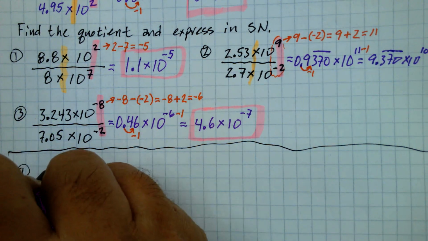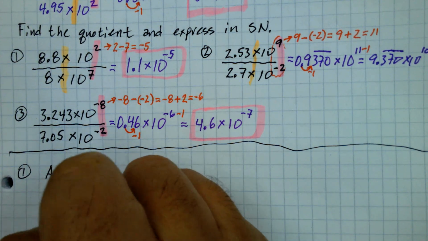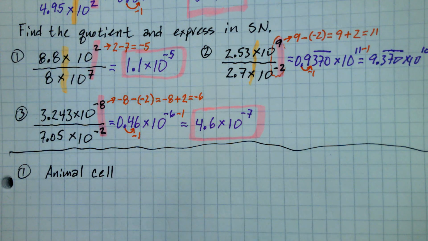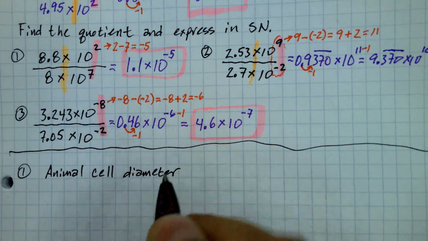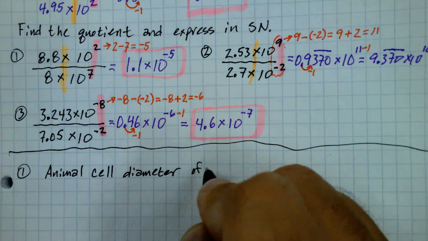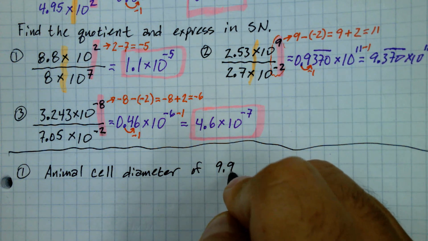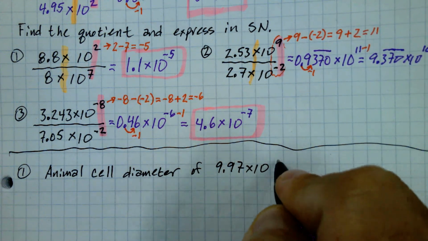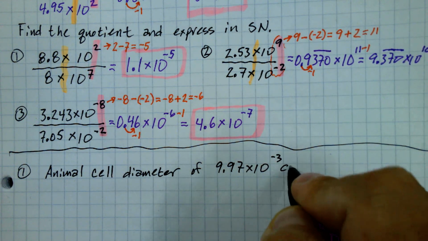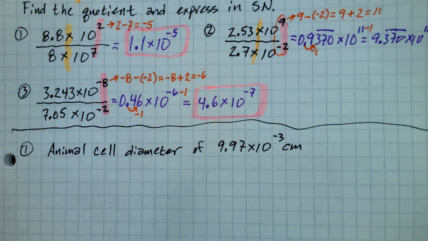Say we have an animal cell, and it has a diameter of 9.97 times 10 to the negative 3 centimeters. Okay, so that's the diameter, the distance across an animal cell that we're looking at.